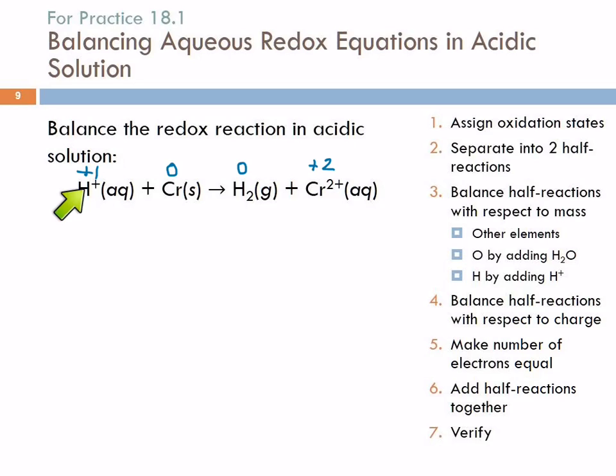So we've got our hydrogen being reduced and the chromium being oxidized. And so we're going to separate those into 2 half reactions. Let's see if I can leave more appropriate space this time. So H+ aqueous is going to go to, not H2O, H2 gas.